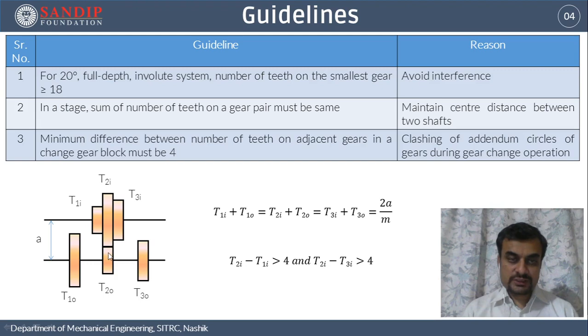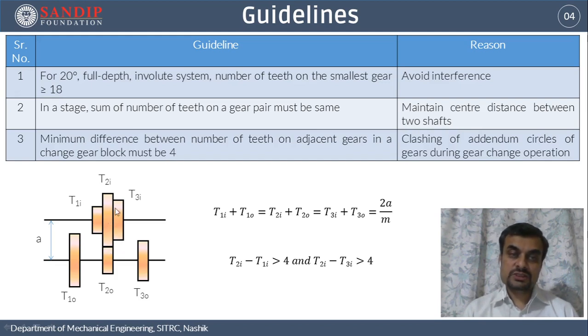Whatever we are showing in this kinematic diagram are the pitch circle diameters. This distance is the pitch circle diameter, whereas the addendum circle diameters will be slightly higher than these pitch circle diameters.